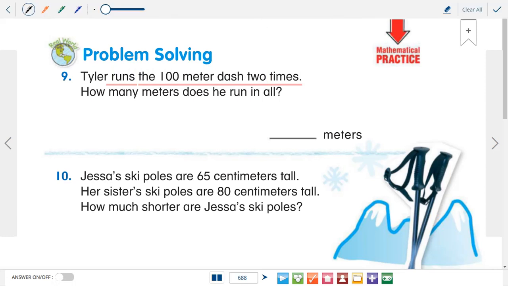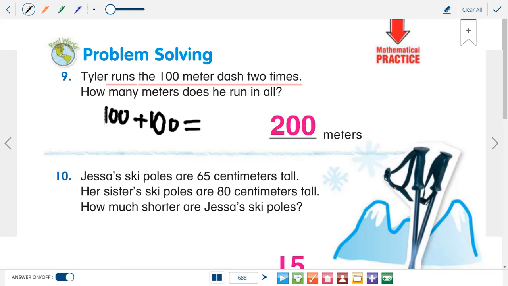We know that he ran 100. Okay, I'm going to make it more clear. He ran 100 the first time and another 100 the second time, because he did it twice or 2 times. So the answer is, yes, 200, as you see here, 200.